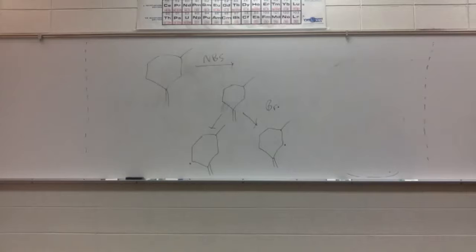What do you think? Well, what kind are they? What kind of radical do you have on the left? Secondary allylic, right? So the radical on the left is secondary allylic. What about the other one? Also secondary allylic.